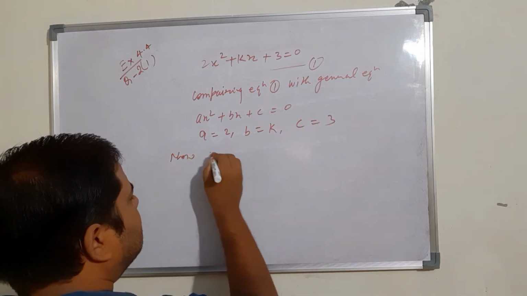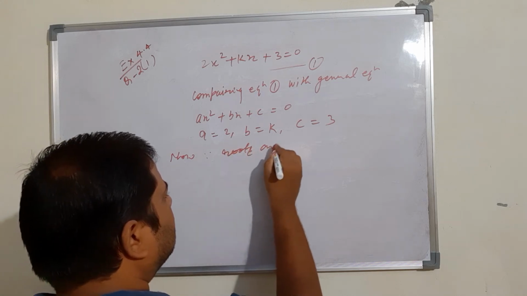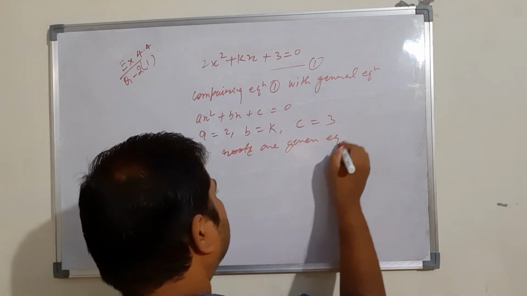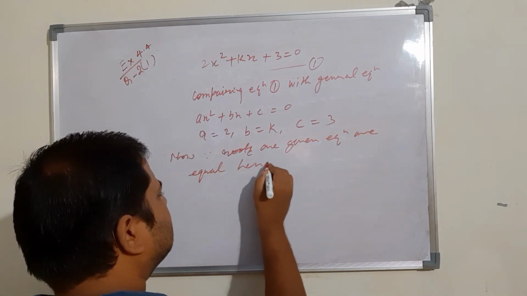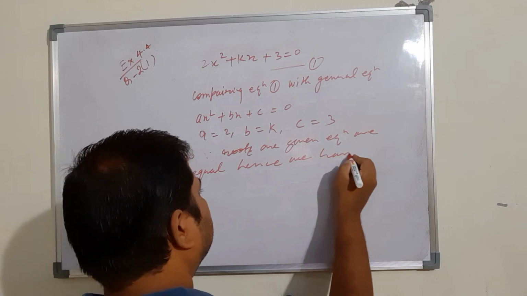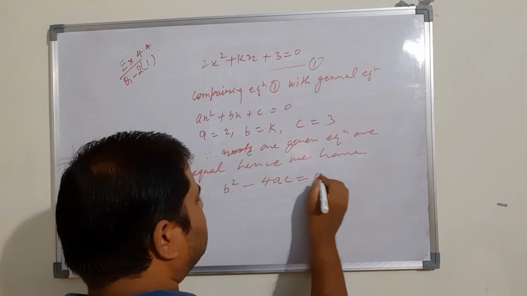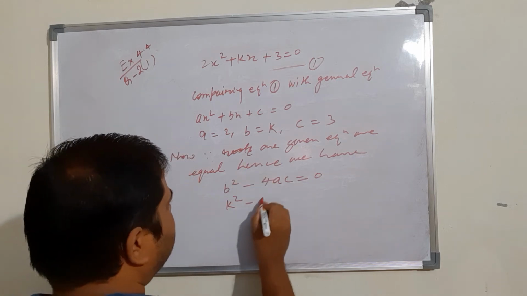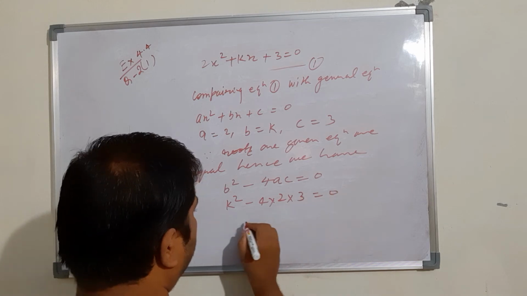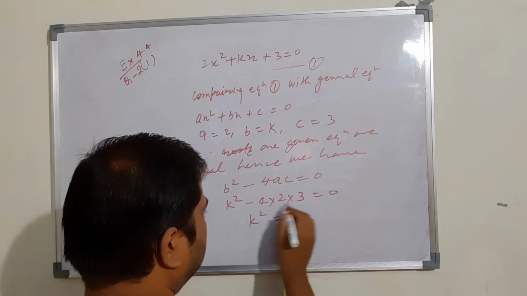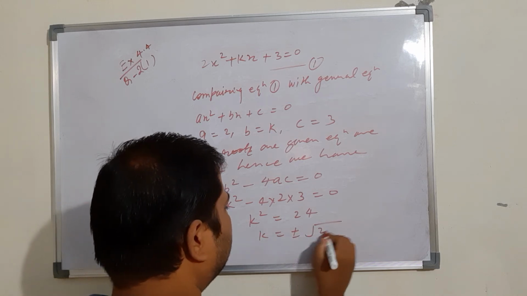Now, since the roots of the given equation are equal, we have b square minus 4ac is equal to 0. So k square minus 4 into 2 into 3 is equal to 0. So k square is equal to 24. So k is equal to plus minus root of 24.